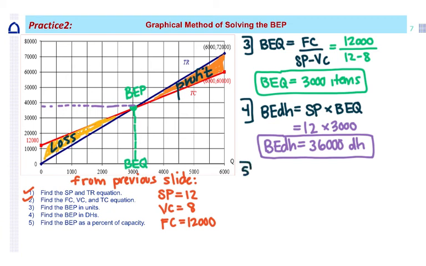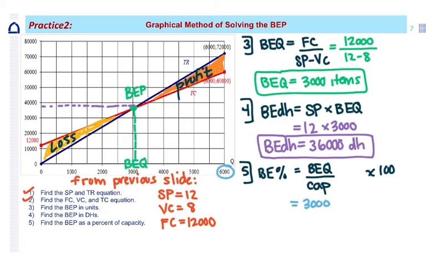Part 5 says, what about the break-even point as a percent of capacity? What that's really asking is to make a fraction with break-even quantity on top and capacity on the bottom, and then multiply by 100 to get a percent. The break-even quantity we found was 3,000.